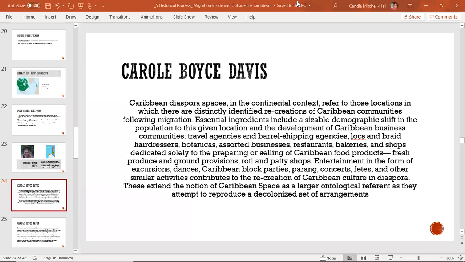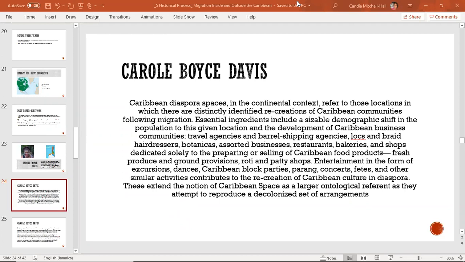Essential ingredients include a sizable demographic shift in the population to this given location and the development of Caribbean business communities, agencies, and barrel shipping agencies, locks and braid hairdressers, botanicas, assorted businesses, restaurants, bakeries, and shops dedicated solely to the preparing or selling of Caribbean food products, fresh produce and ground provisions, roti and patty shops.